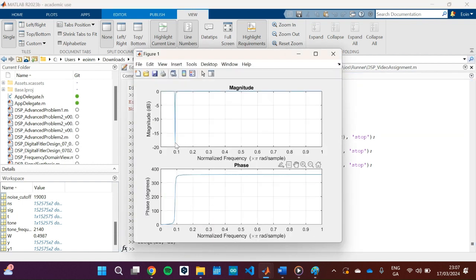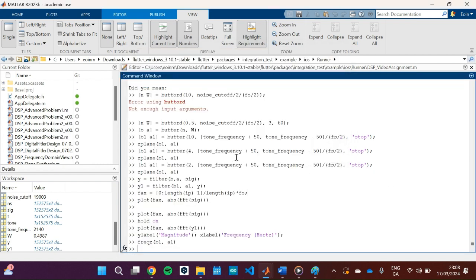Yeah, just showing from the last part. That was supposed to be attenuated by 40, but it's only been by 20. How did that happen? I don't know how that happened.